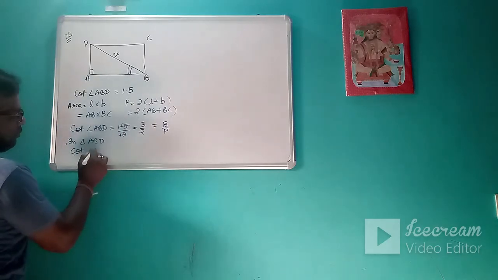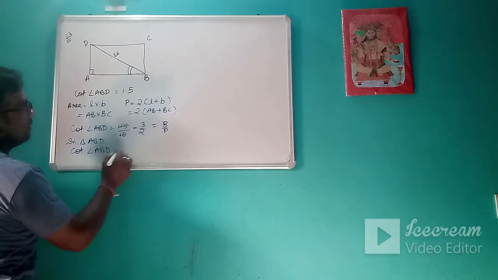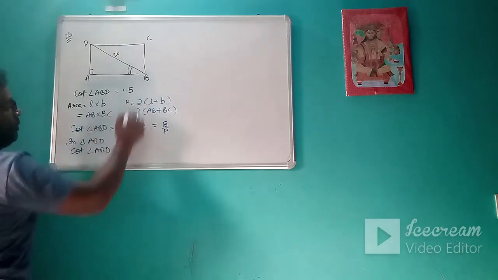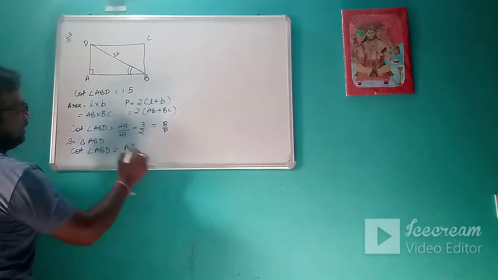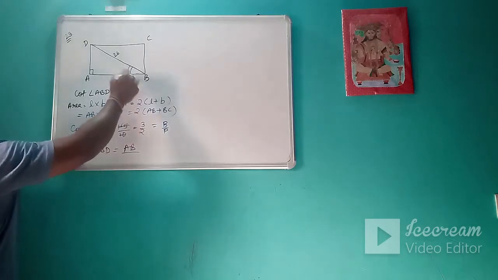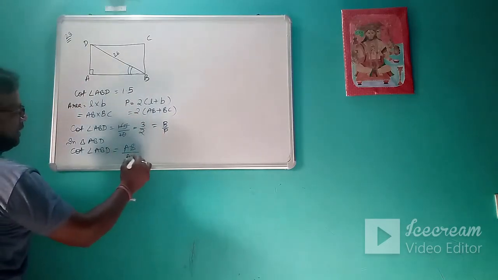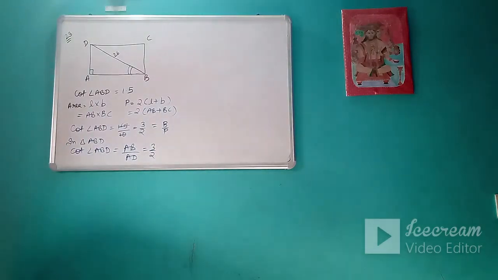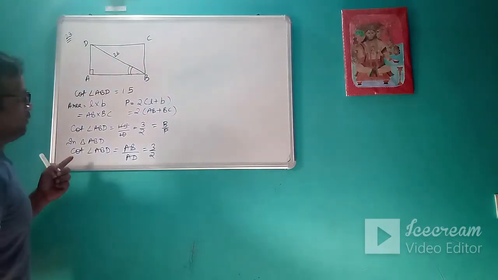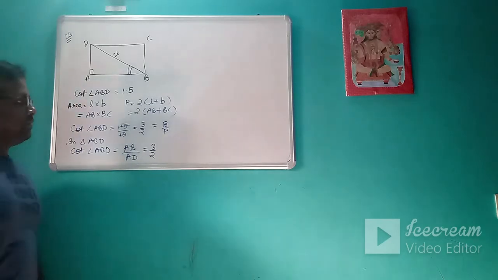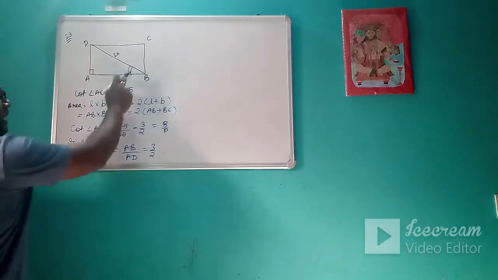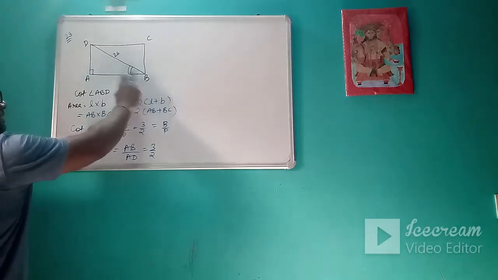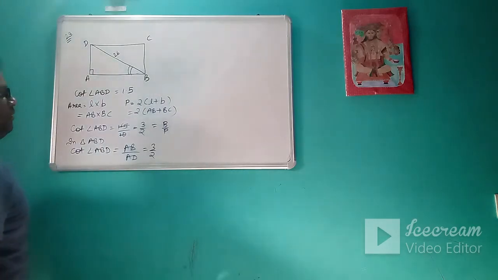So what was cot angle ABD? For this, base will be AB and perpendicular will be AD, equal to 3 by 2. Like we have done a question of this type when we took the figure of rhombus, cot angle ABD we have written, this will be base, this will be perpendicular.